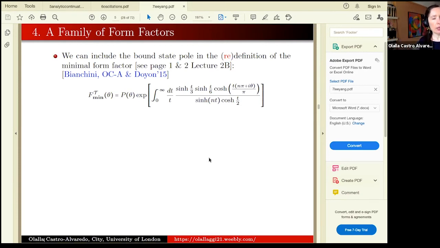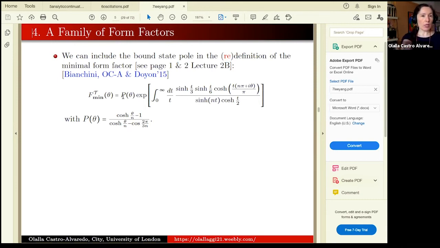We did that in this paper in 2015. If you follow what I explained about form factors last week, there is a minimal form factor you can construct. It has an exponential representation like this. But because you have this bound state in the S matrix, the form factor also has another pole. You can introduce it, for example, by multiplying with a function like this.